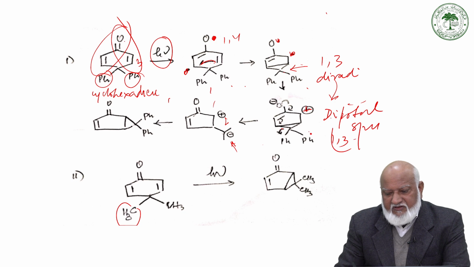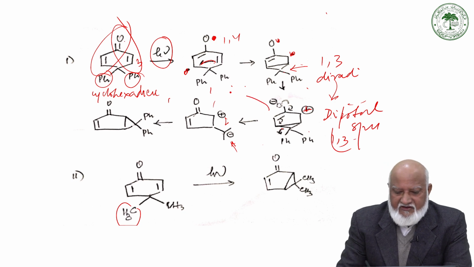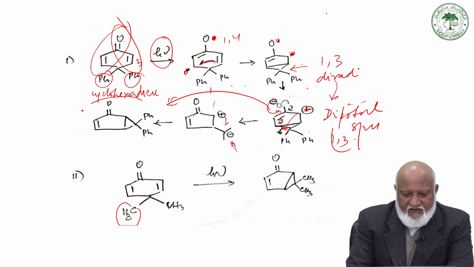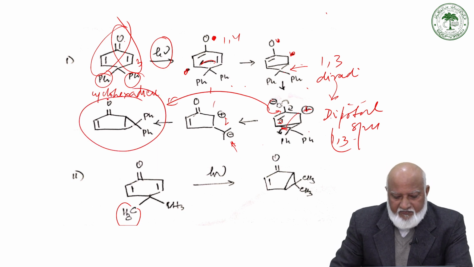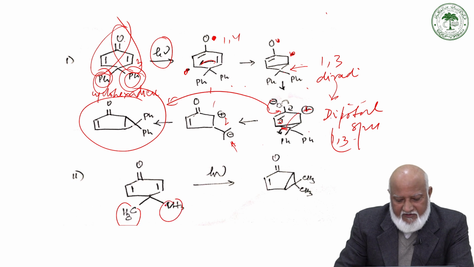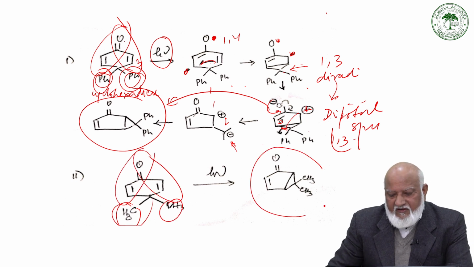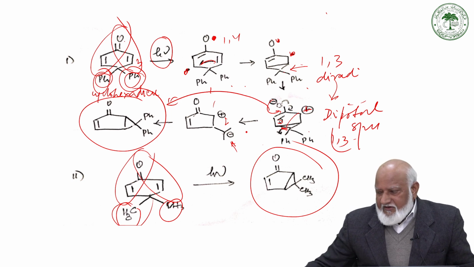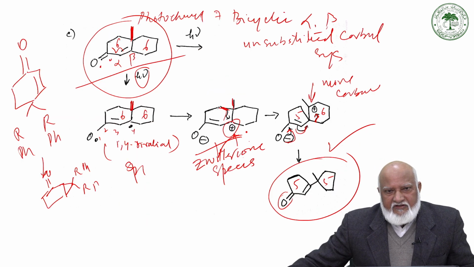The 1,3 dipolar species is then rearranged to the products: O minus converts to a double bond, this double bond shifts, and then this goes and attacks this cation, cleaves, and then goes and attacks this to give this product. So it has been found that whether we have a phenyl group or a methyl group, and the system is cross conjugated, we have a similar type of rearrangement as we have seen earlier in the case of the cyclohexenone.